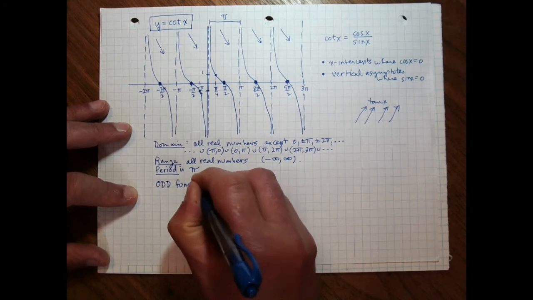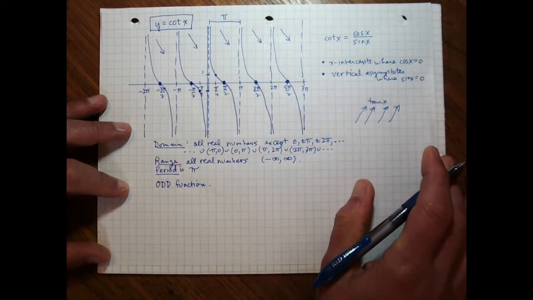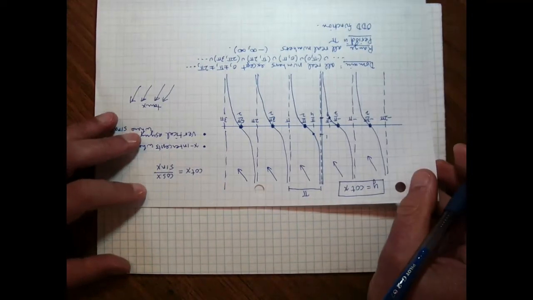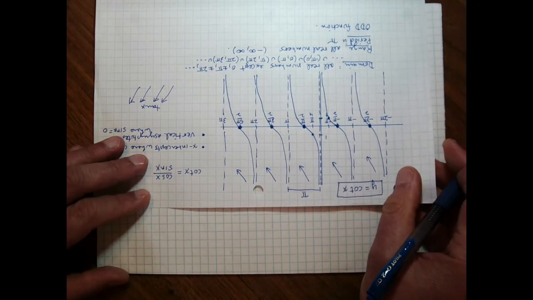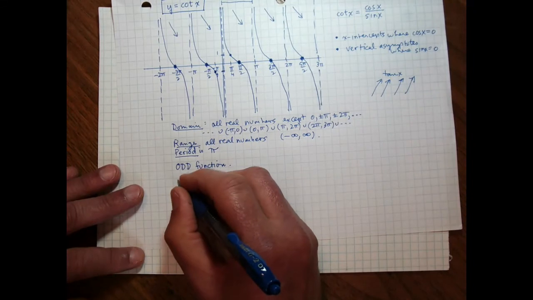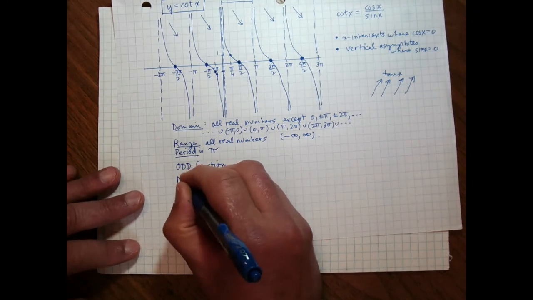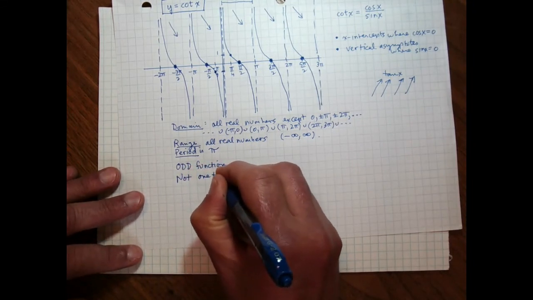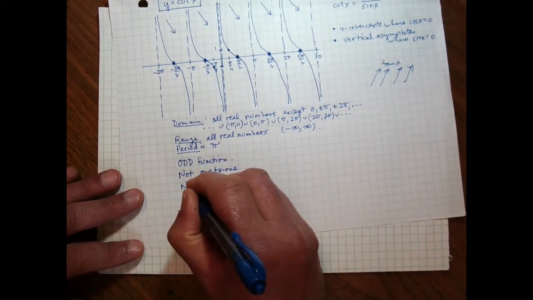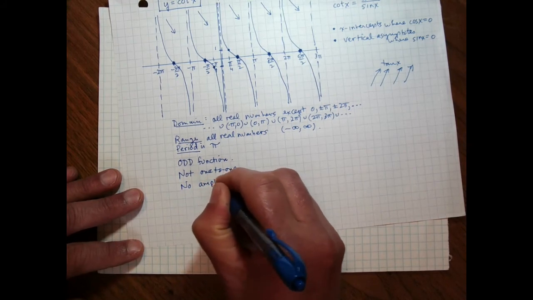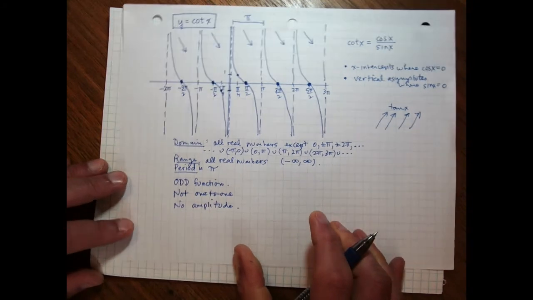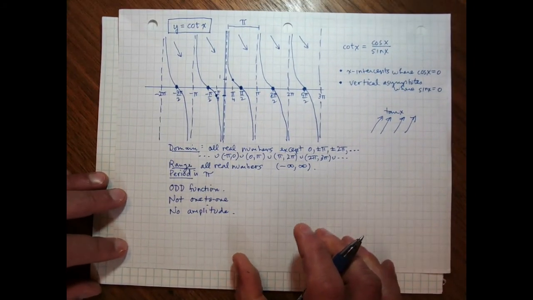So while its graph is in a slightly different position from tangent, if we turn the graph upside down, we have exactly the same shape. And it is not one-to-one. And again, there is no amplitude, as we've said with tangent. It makes no sense to talk about amplitude with tangent or cotangent. So there's the cotangent graph.